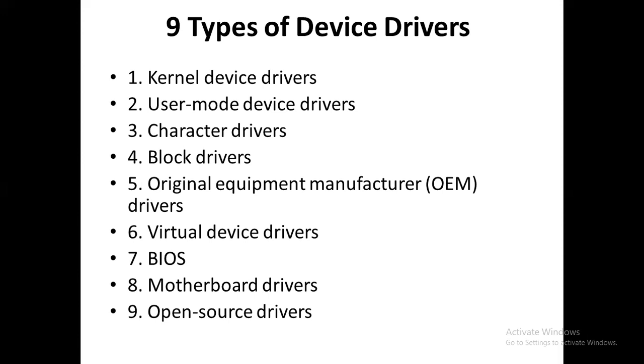Then the second one, user mode device drivers. This is where the user can actually have certain features to control the device, like the printer. When you install the device driver, you have other features with which you can control the printer yourself.